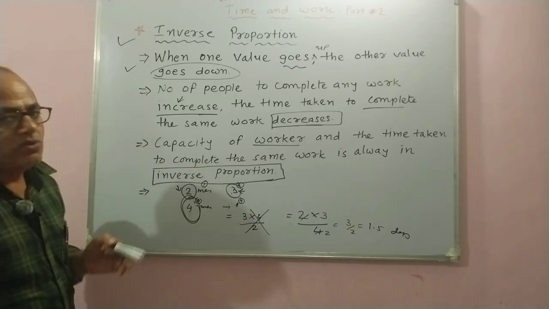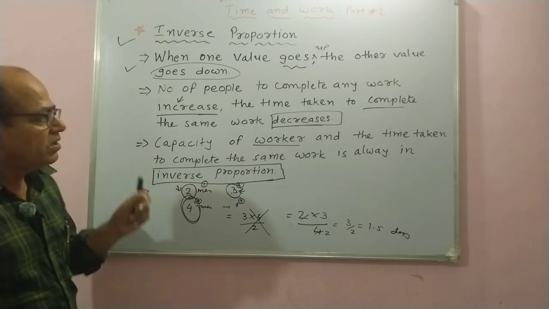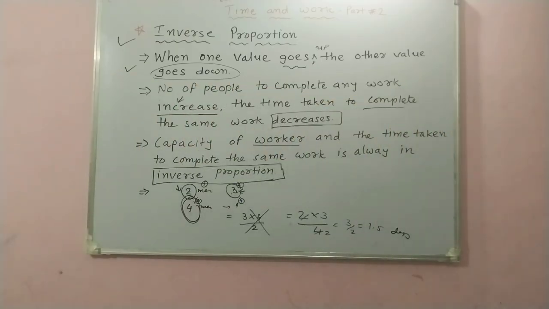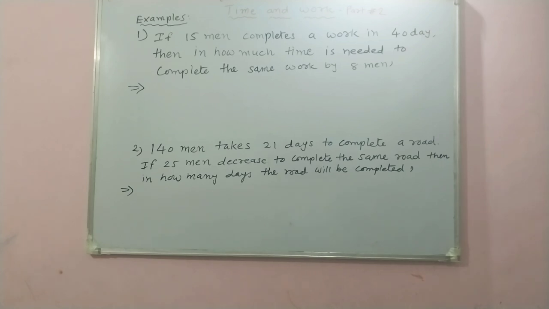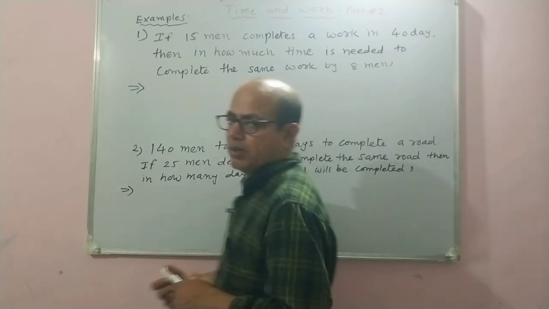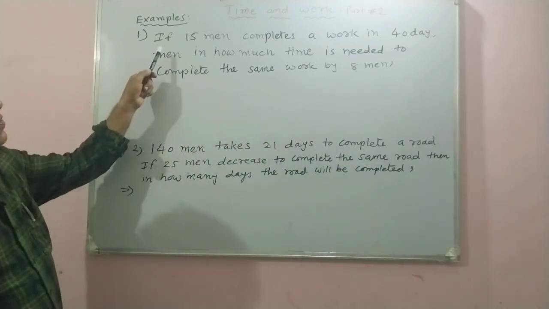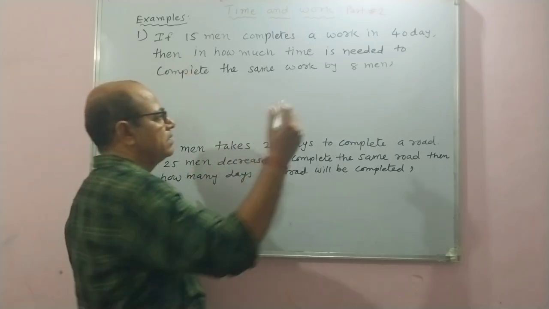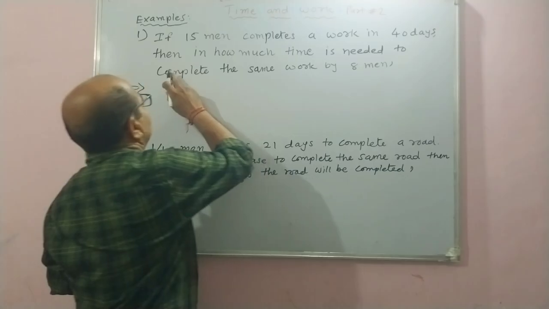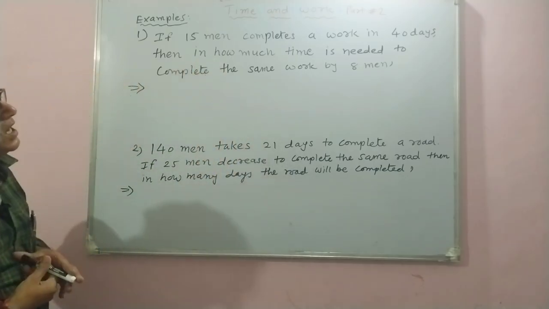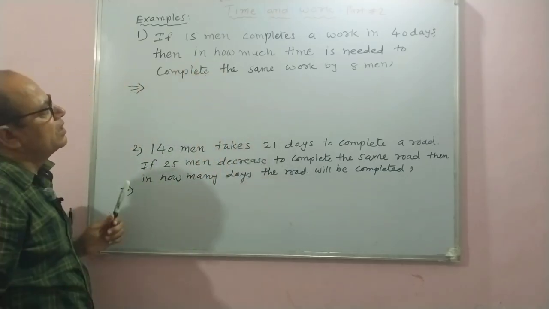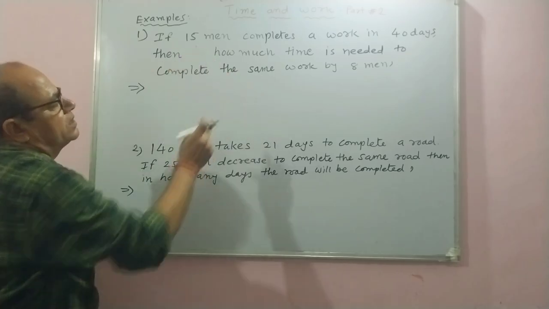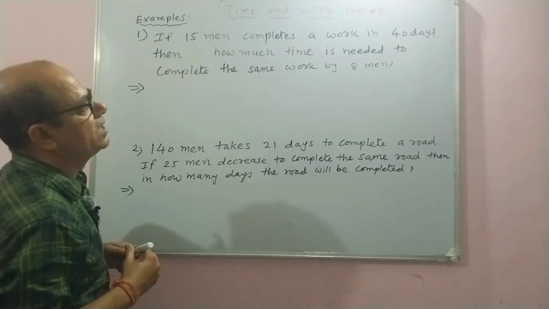Okay, now we will do some examples for the same point. Now see example number 1. If 15 men complete a work in 40 days, then how much time is needed to complete the same work by 8 men?